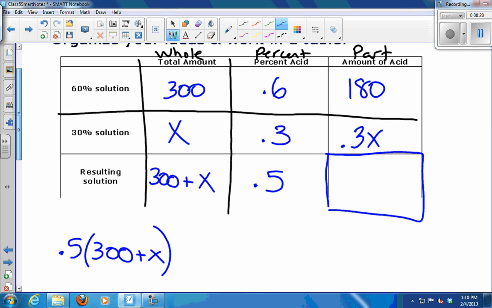Or, I take the amount of pure acid that I started with and add to it the amount of pure acid that came from the solution I added. So if I add these two, I will get the pure acid in the resulting solution. So this should equal 180 plus 0.3x.